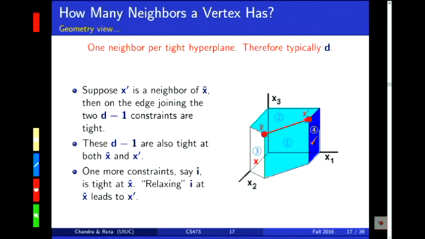So when you leave 3, when you relax 3, we will see what we mean by that, we move away from x hat and towards x prime, and a new hyperplane will become tight. So between neighbors, they share d minus 1 tight hyperplanes, and they differ by exactly one tight hyperplane. This will tell us how to move from one vertex to its neighbor.